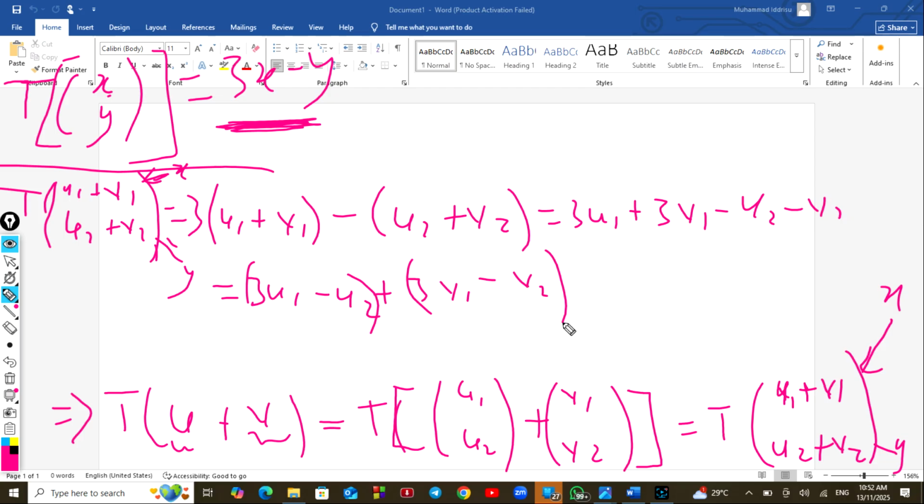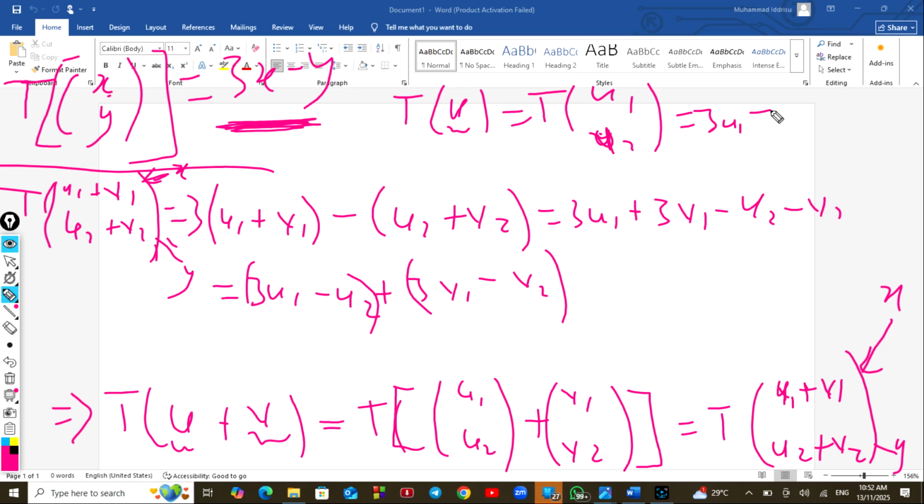But remember that if we perform the transformation of the vector u, we go to the transformation of (u1, u2). Now our x is u1 and our y is u2, so we have 3u1 minus u2, that is 3x minus y.